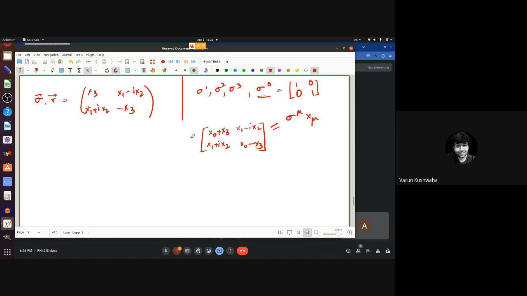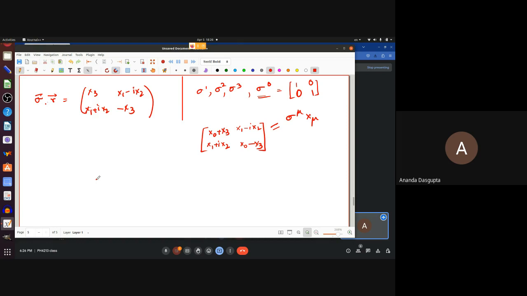Just like we argued that u sigma dot r u dagger gave you a new r which had the same determinant, same length, because the determinant didn't change. Here, the determinant is the invariant that you want to keep invariant under a Lorentz transformation. So I'm showing you how to think about Lorentz transformations along the same lines.